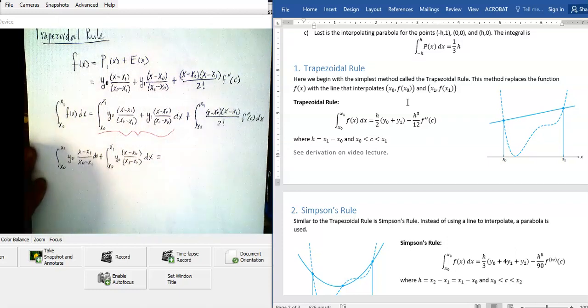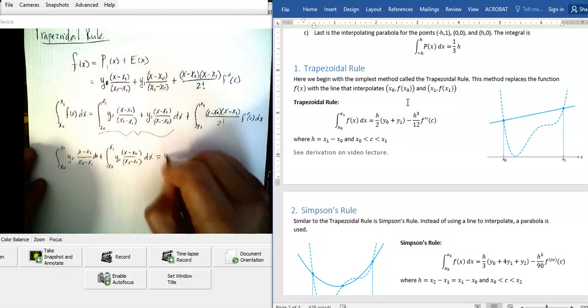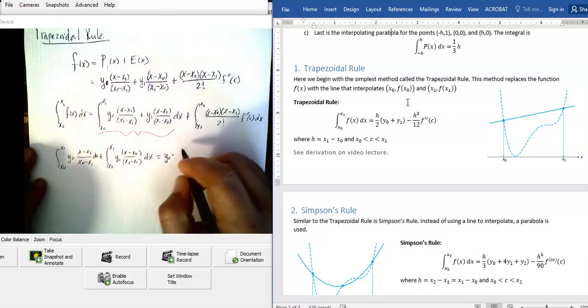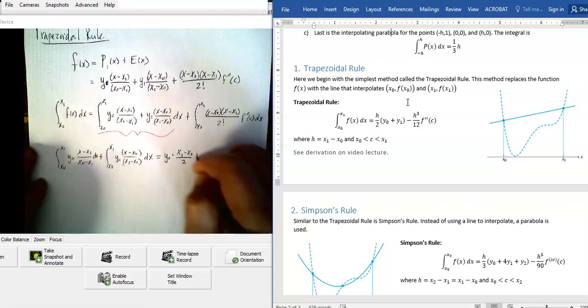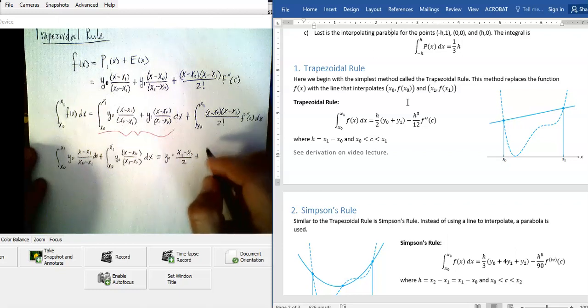So this is going to be equal to y0 times (x1 minus x0) over 2, plus y1 times (x1 minus x0) over 2.